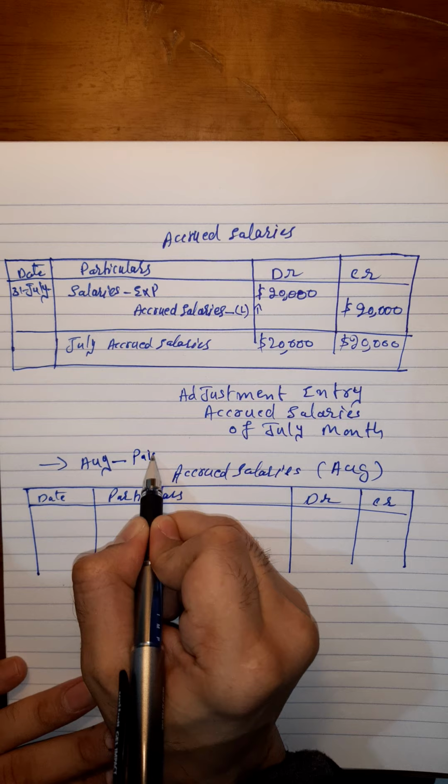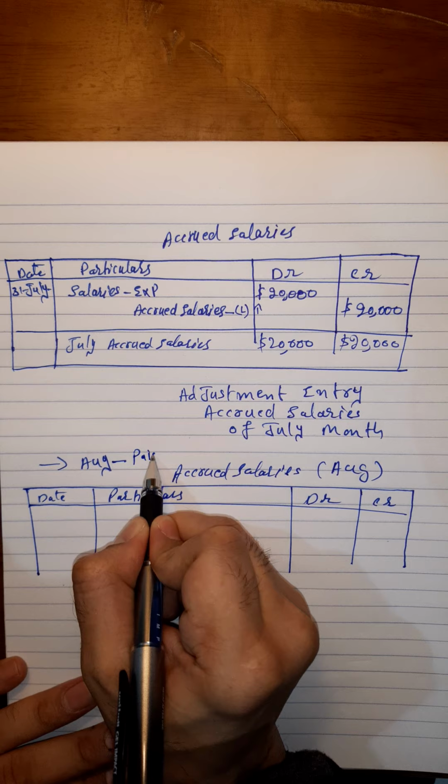Right? Accrual basis says record transactions in the month in which they occurred.